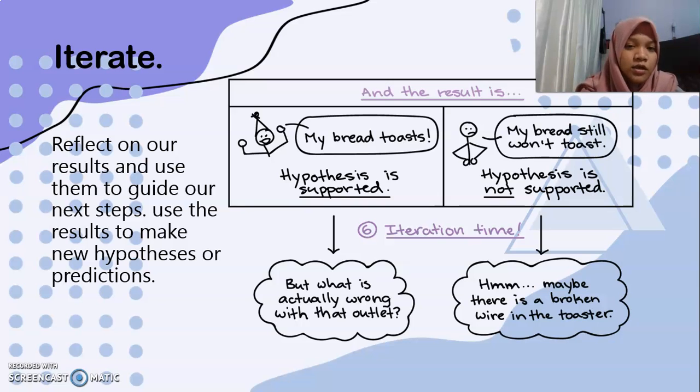When it is supported, it means that when you plug the toaster into a different outlet, the toaster works, so your bread toasts. Then the problem is that there is a problem with the outlet you first plugged into. When the hypothesis is not supported, then maybe there is something wrong with the toaster, like you can see in the picture. Maybe there is a broken wire in the toaster.